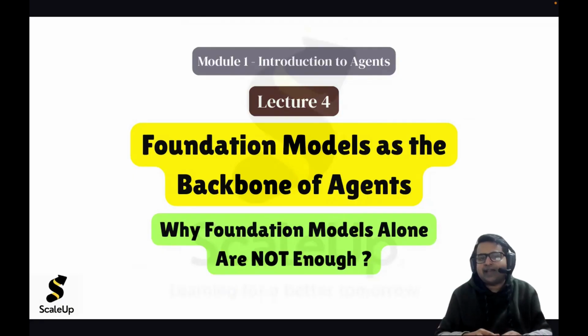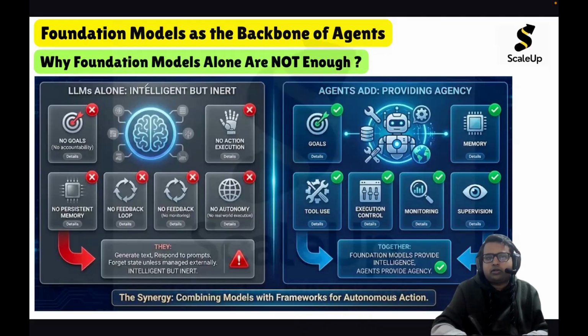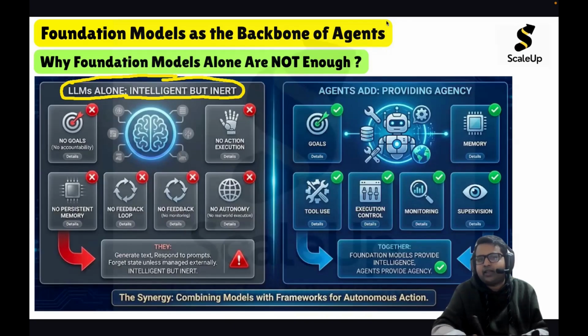Okay, now we'll discuss the last topic of this lecture: why foundation models alone are not enough. If we take LLMs alone, they're very passive in nature. They're intelligent, no doubt, but they're inert and passive. They can think, they can plan, but they cannot act.